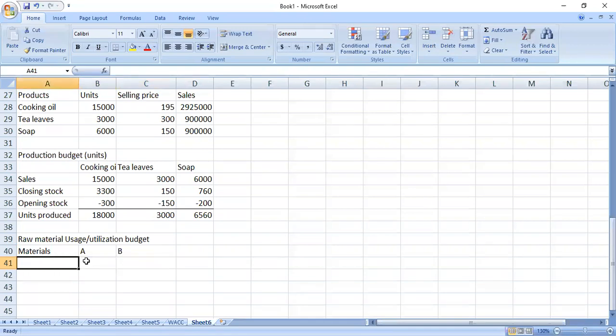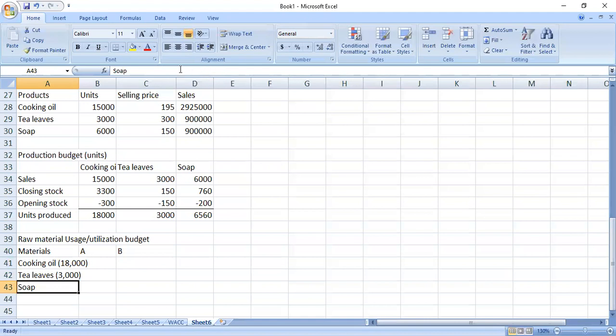So the products involved, you have cooking oil. Just bring them here. So you want to know how many units. I'll just bring the units alongside the figures or the words. So for tea leaves, the units we are producing are actually 3,000.